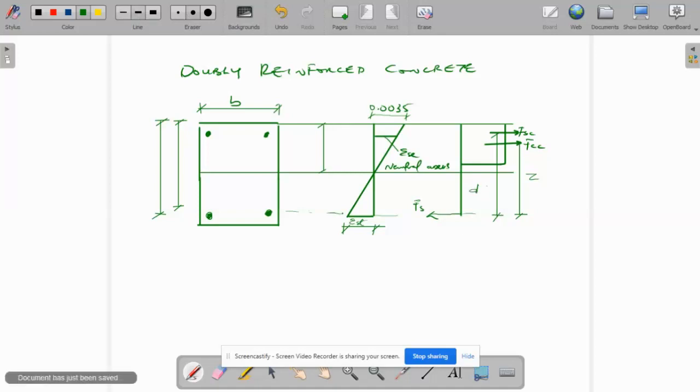Call it d minus d prime. This is the area of steel, As prime, and here we have our d prime.